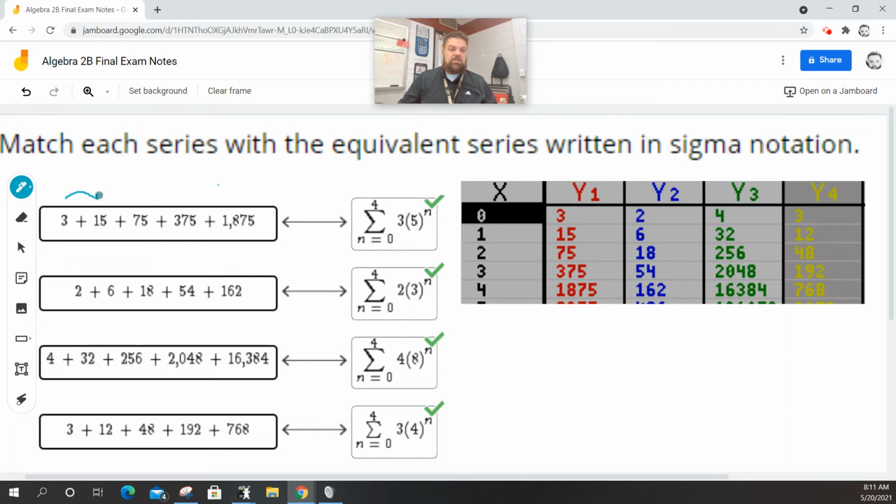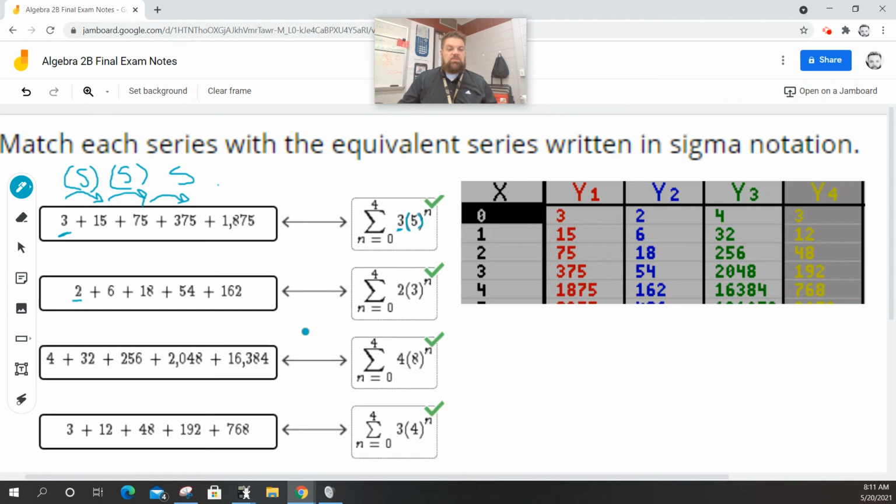In other words, to get from here to here, I multiply by 5. So your initial number is 3, and then you're multiplying by 5 each time. The number that you multiply by is the rate.